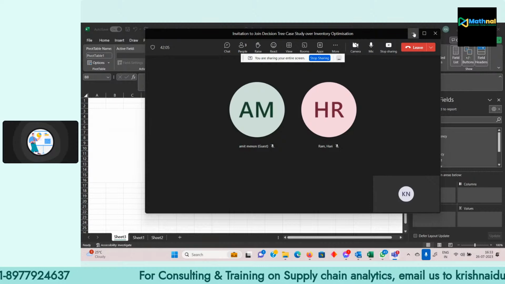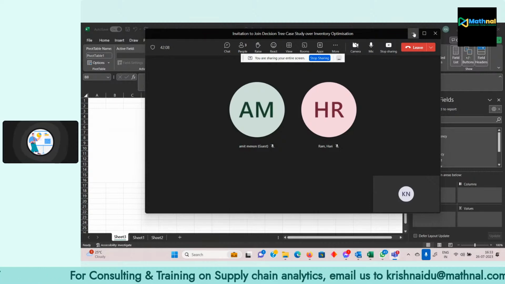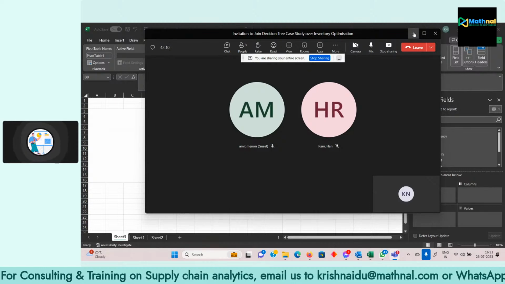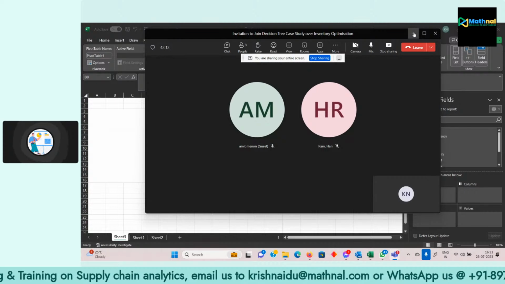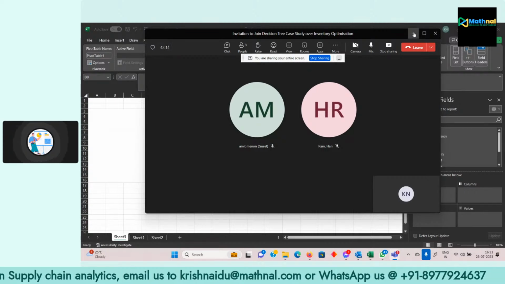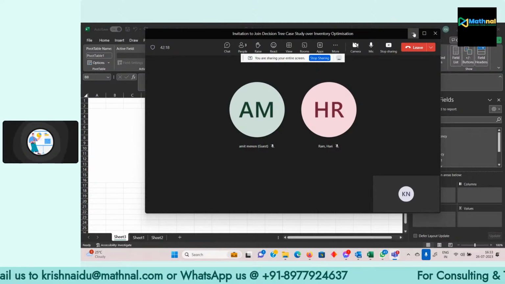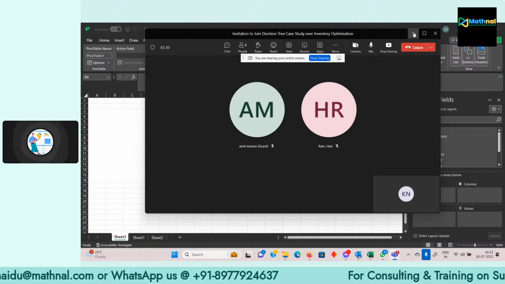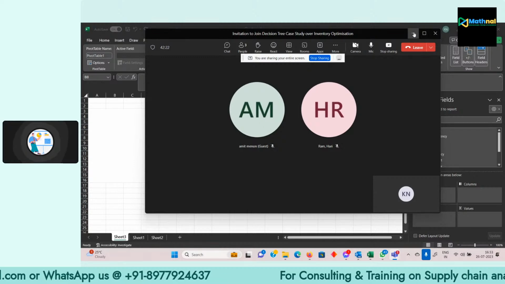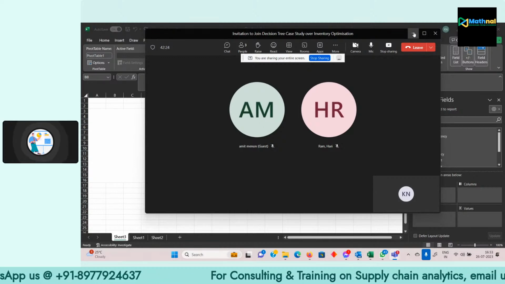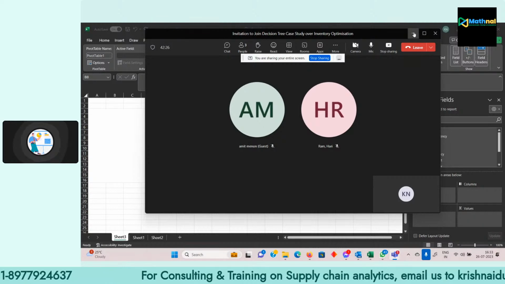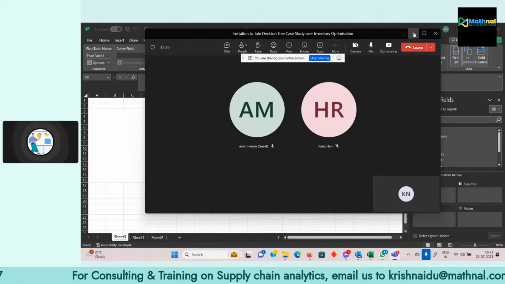I know you're attending for the first time. You might be hearing about this algorithm for the first time, about supply chain, about these metrics for the first time. I know this could be a little clumsy, and I completely accept that. But when we deliver the training program, it will be very structured.